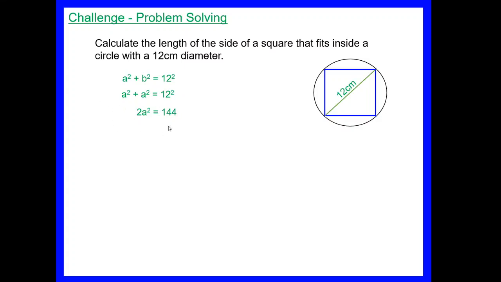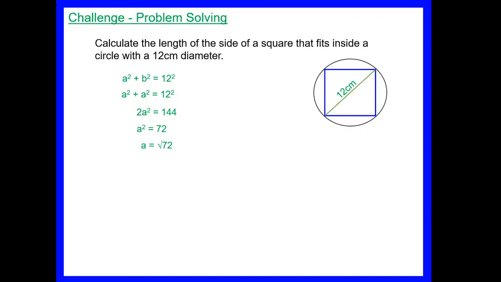Now we're going to solve this equation. To be able to get A on its own, which is what we're trying to find out, we need to get rid of this multiplication by 2. To get rid of a multiply by 2, we divide both sides by 2. If I divide both sides by 2, I get A squared equals 72. Now we're going to get rid of the square. The opposite of squaring is square rooting, so I square root each side.